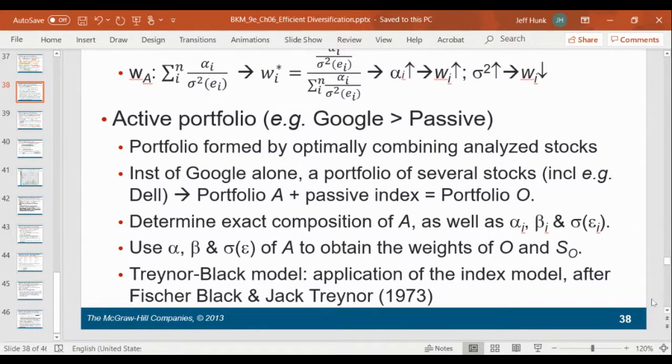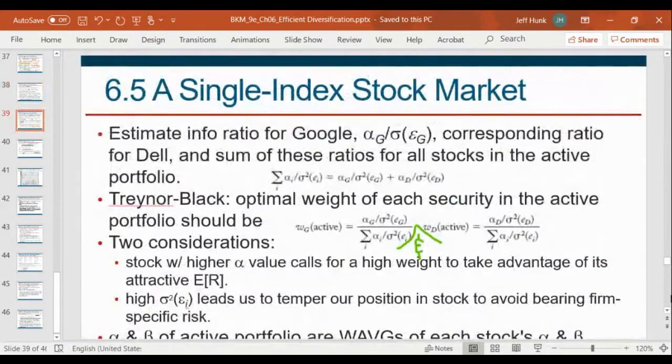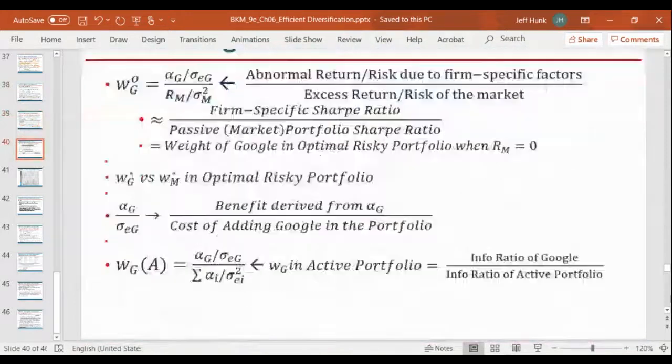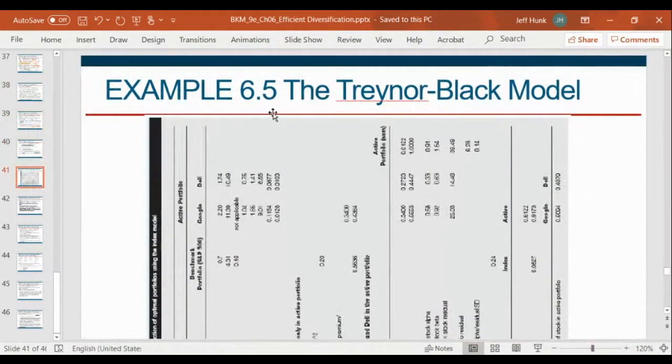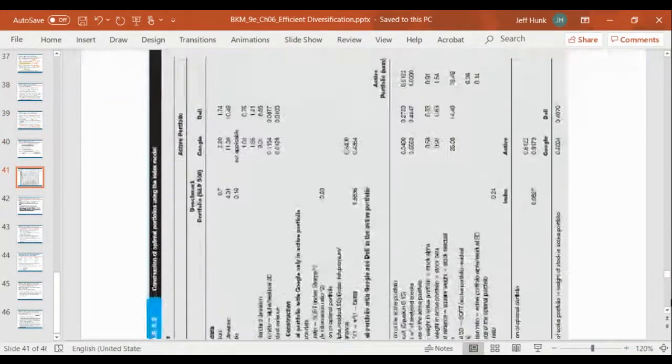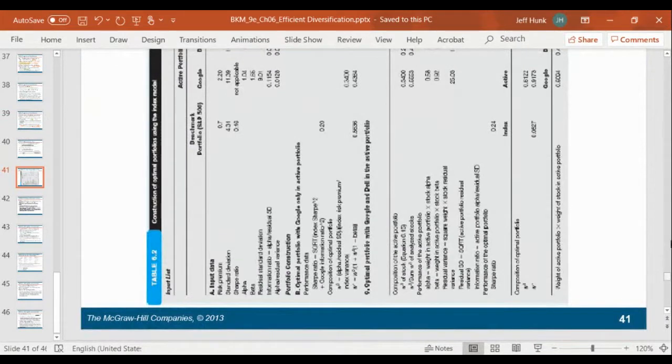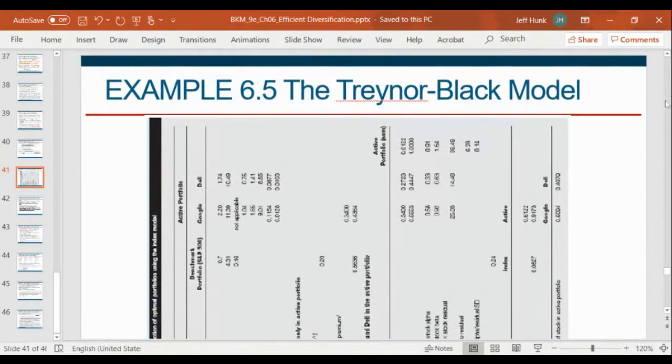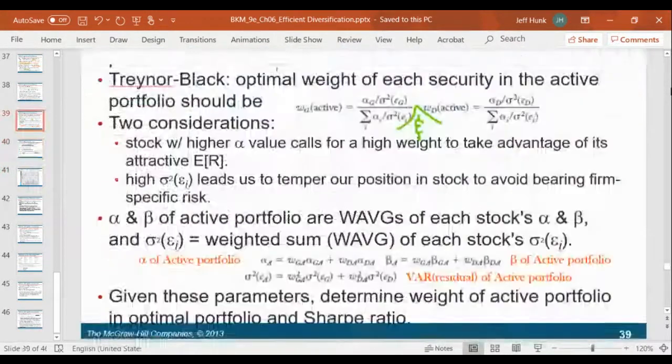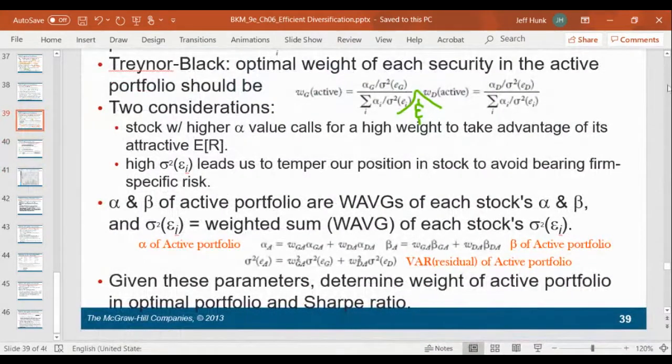And that's Table 6.2, Example 6.5, and we're going to get to that. I mean, this is too much fine print. It's hard to read, but I will show you the Excel file for that.